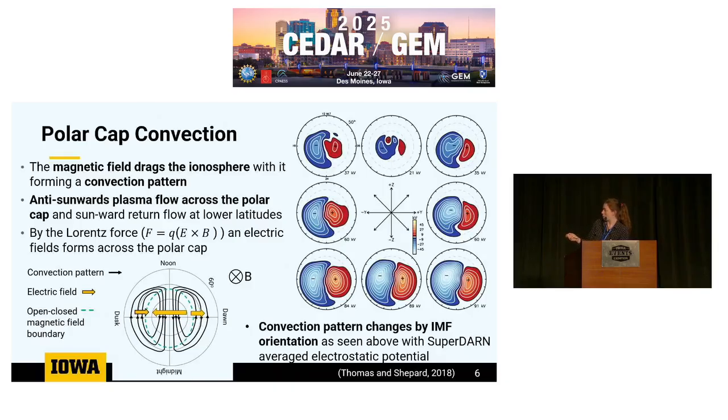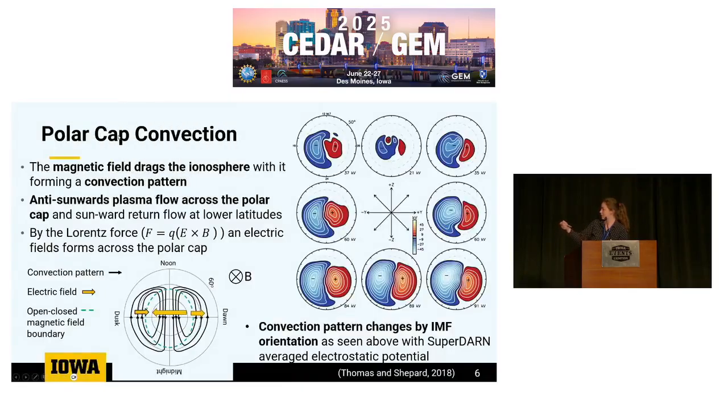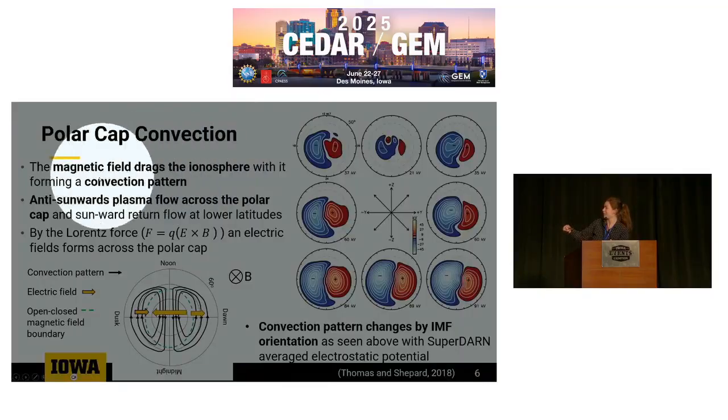A project by SuperDARN was able to map out the equipotential lines of this two-cell convection pattern for different IMF orientations. You can see that for a northward IMF we have very low convection. Okay, there we go.